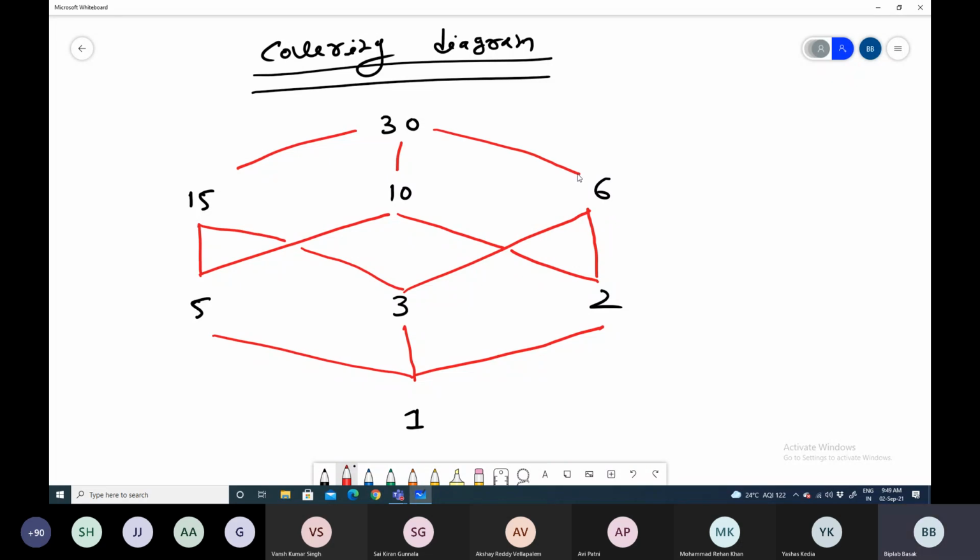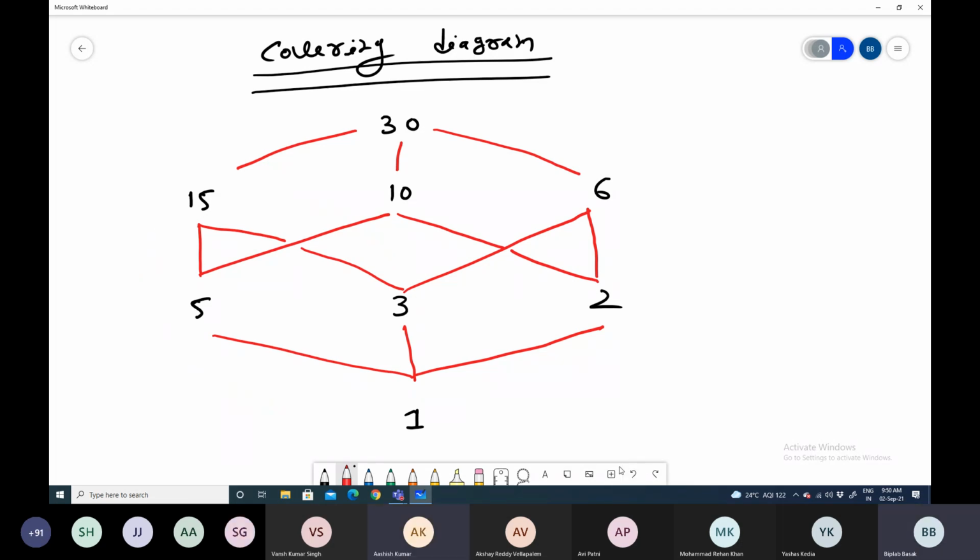So from this diagram it is clear that 6 is a cover of 2, 10 is a cover of 2, 10 is a cover of 5, and 5 is a cover of 1. But 15 is not a cover of 1, because between 1 and 15 you can go via this way and this way. You have two elements between 1 and 15, 3 and 5. So this is called a covering diagram.